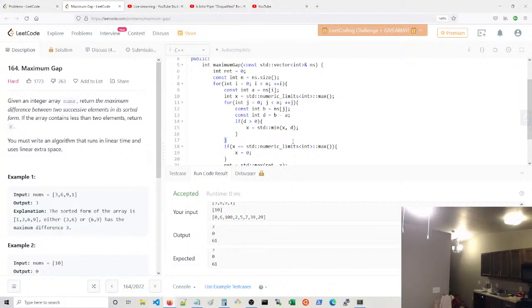I'm thinking maybe a stack-based solution. You push some number on the stack, and then you find the difference. Push another number if it's larger. That's some difference that might be meaningful.